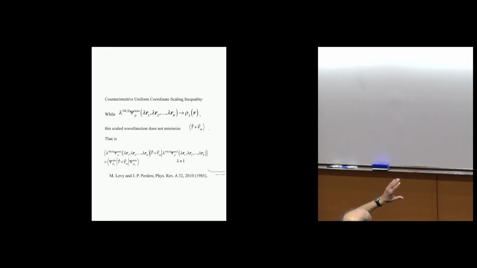So what's this? This is fundamental. It's counterintuitive, meaning if you don't look at the definition rigorously, you're going to get it wrong. Okay, so it's counterintuitive, but it's not counterintuitive if you use the definition. If I take psi rho min, the wave function that minimizes T plus V_ee, and I scale it, this scaled wave function of course yields the scaled density, but does not minimize T plus V_ee, all right?